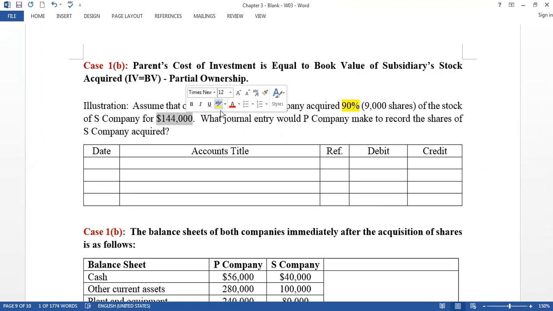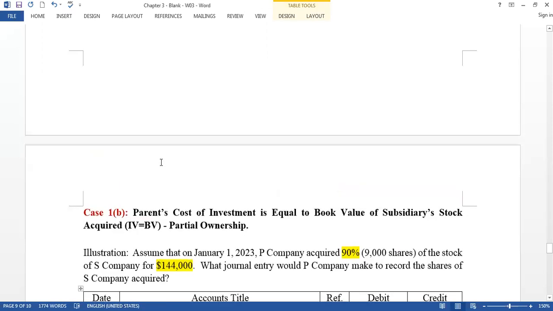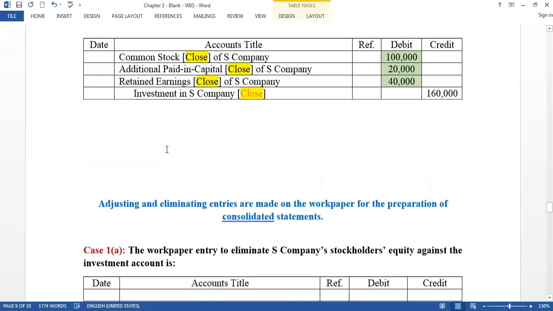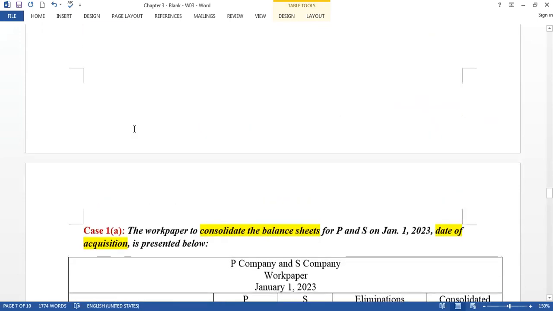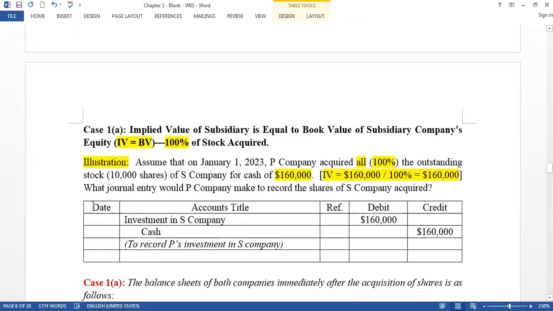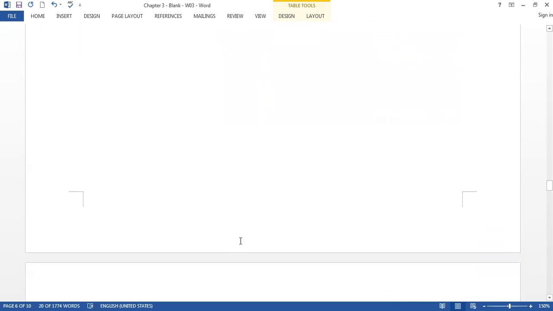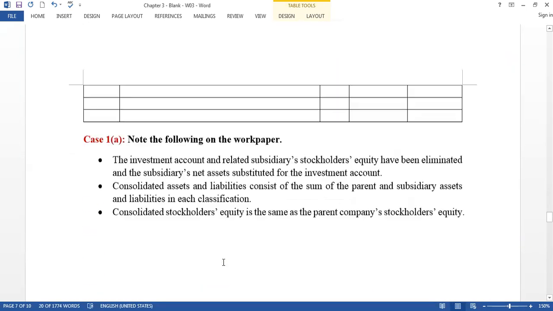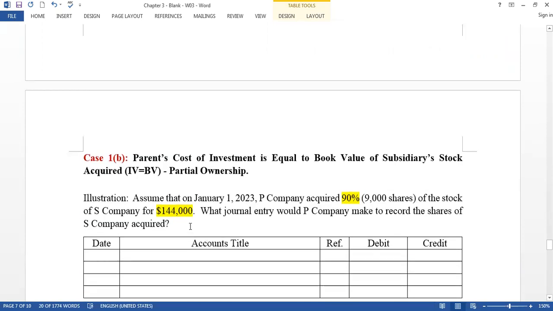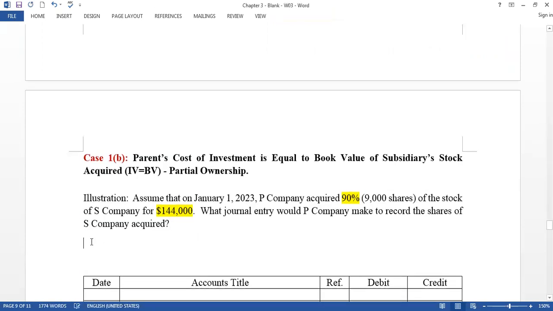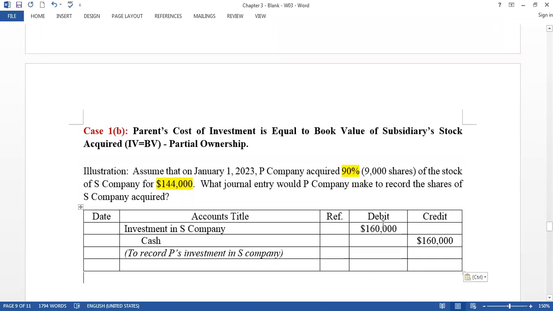You paid $144,000. So this is the case 2 journal entry. $144,000 you paid. This is your investment, $144,000.